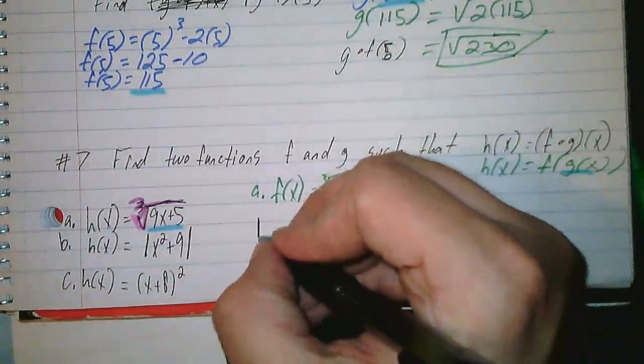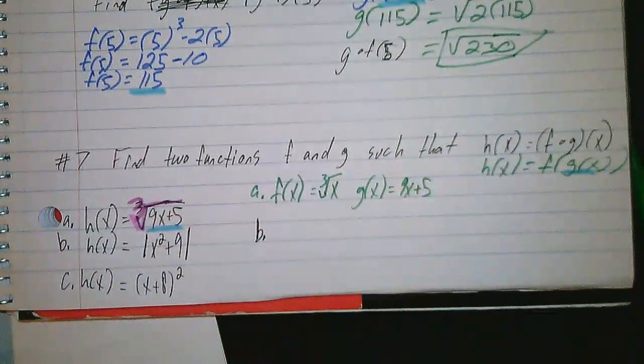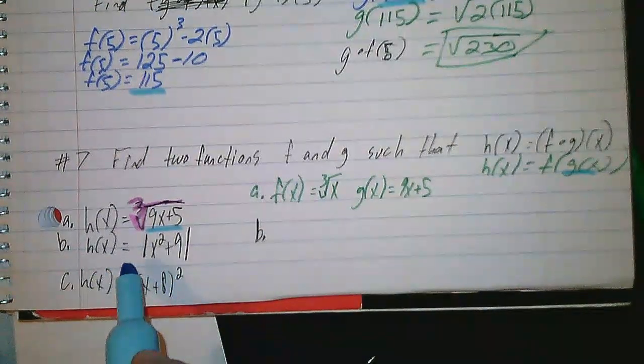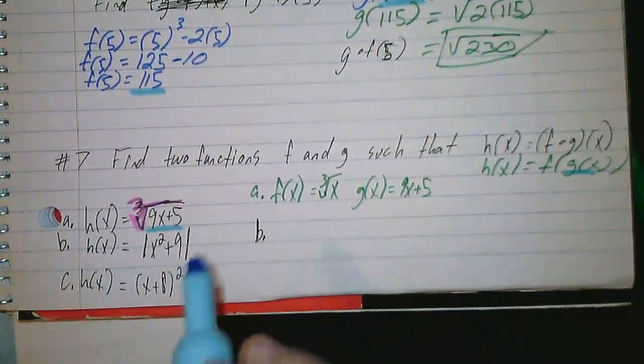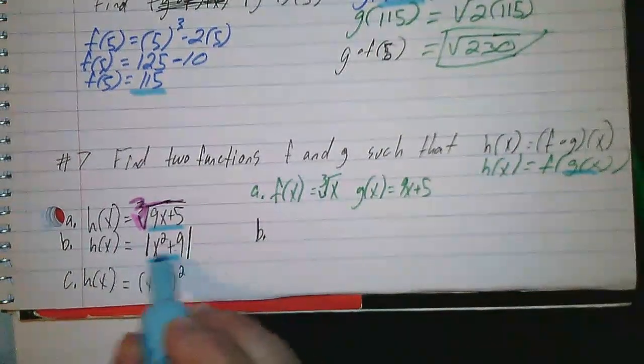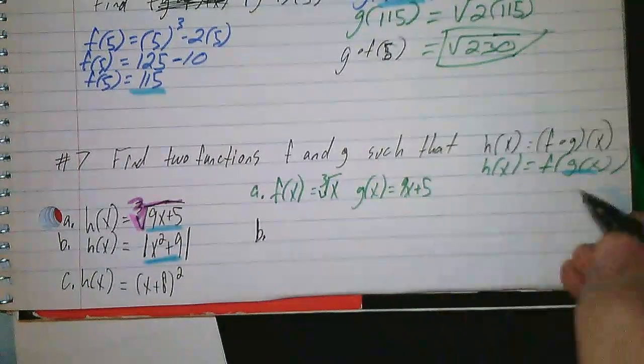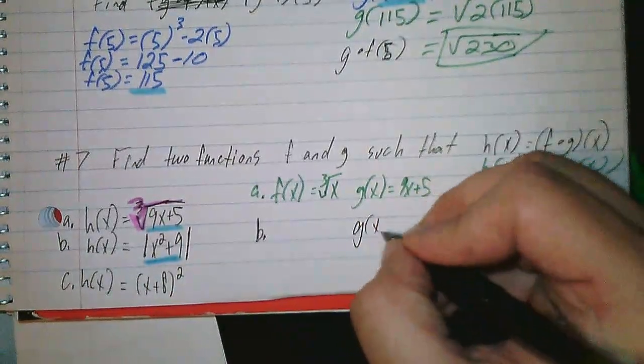And that's all we really do here, is we look for what is the inside piece. So for part B, if h of x equals the absolute value of x squared plus 9, x squared plus 9 is the inside piece. So that's my g of x.